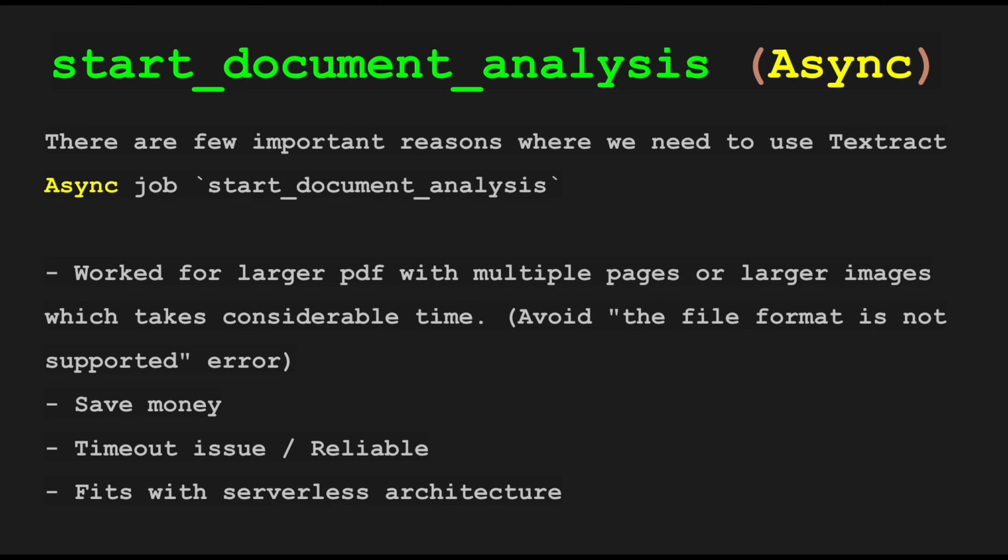The other one is again about Lambda. If you're calling Lambda through the API Gateway and the Lambda doesn't respond within 29 seconds, the actual user, for example a Postman client or a front-end application, gets a timeout error. So the sync method is not very reliable, because you will more likely get the timeout if you are calling Textract through the API Gateway.